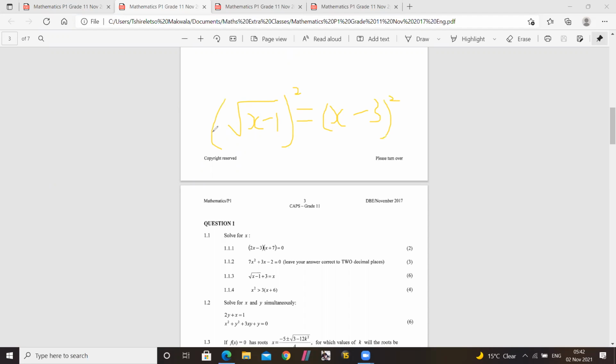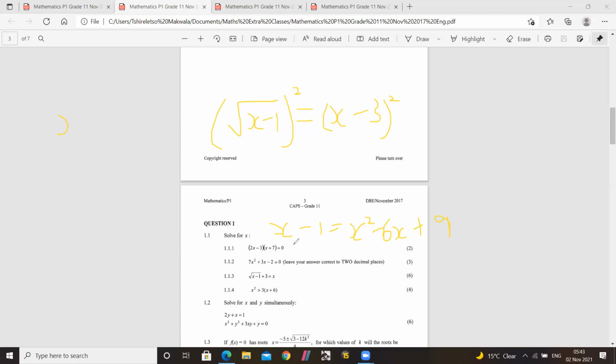Then it's going to be x minus 1 is equal to, then you just expand this, so multiply it out, so it's equal to x squared, don't forget to multiply out those two brackets, so minus 6x, then plus 9.